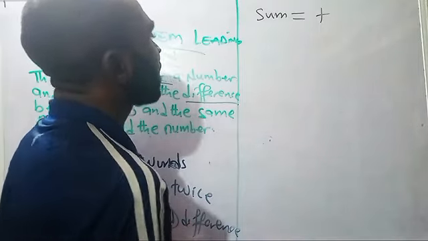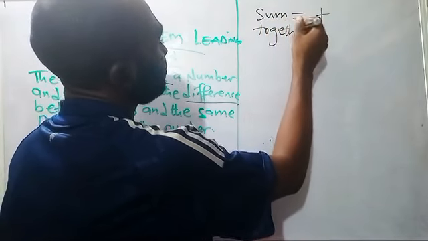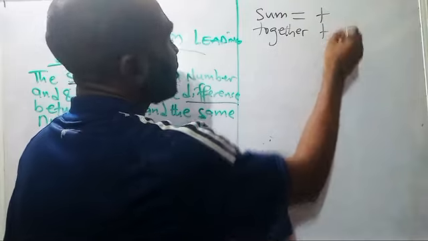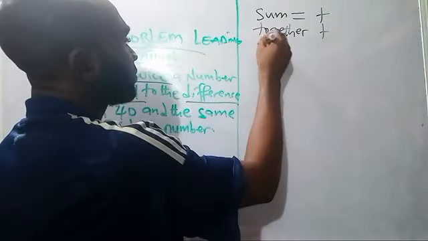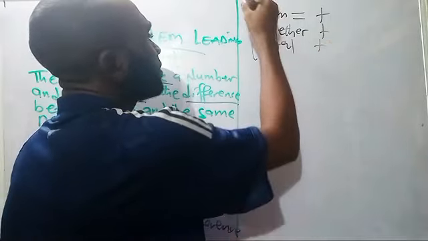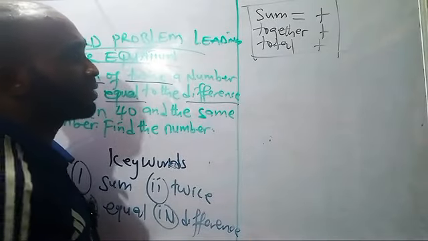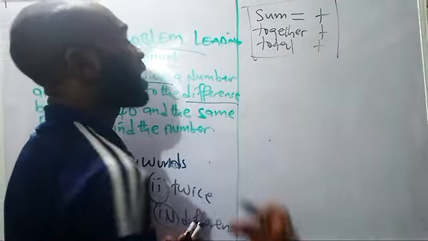There are some questions that will say together. Together is addition as well. Total is addition. So whenever you have these three keywords in a word problem, they are talking about addition.